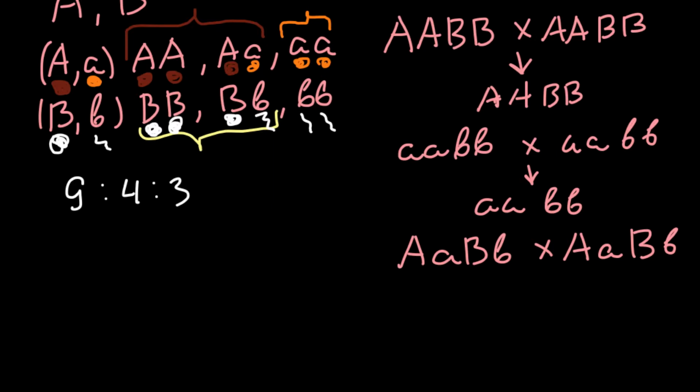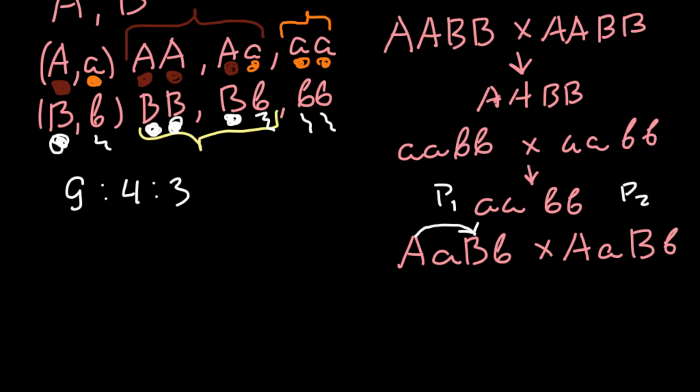So now let's return to our cross. Parent 1 here, parent 2 here. As you see, both parents have the same genotype, so parent 1 may produce the following gametes.